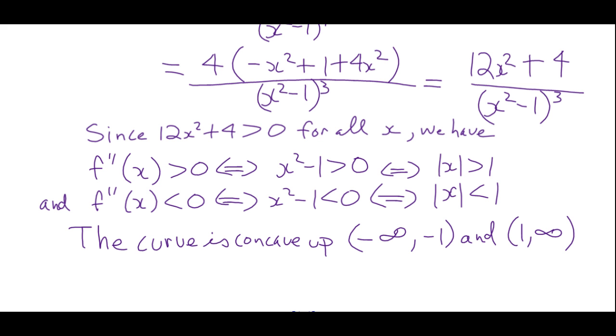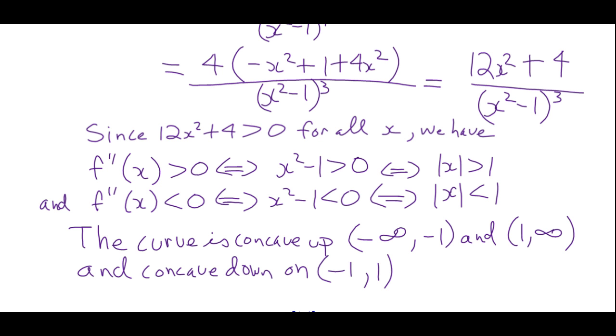And it's concave down on the interval from negative 1 to 1. Okay, and if we look back at the domain, those are our three pieces of the domain, right? I think, yes, they are. Those are our three pieces of the domain.